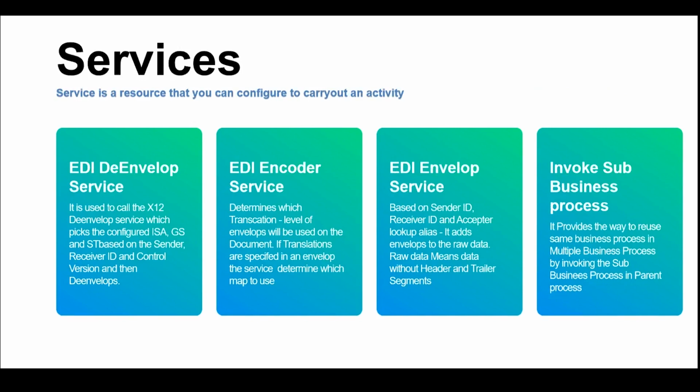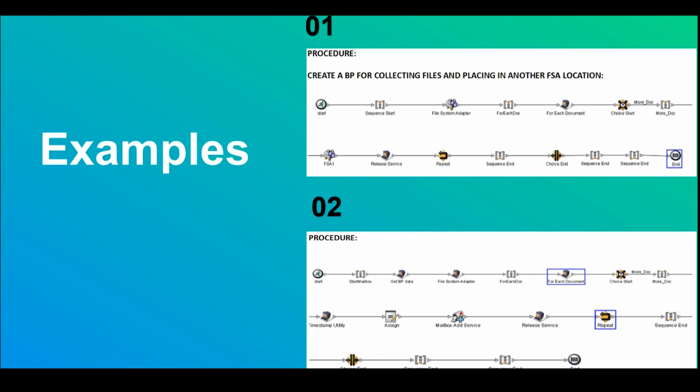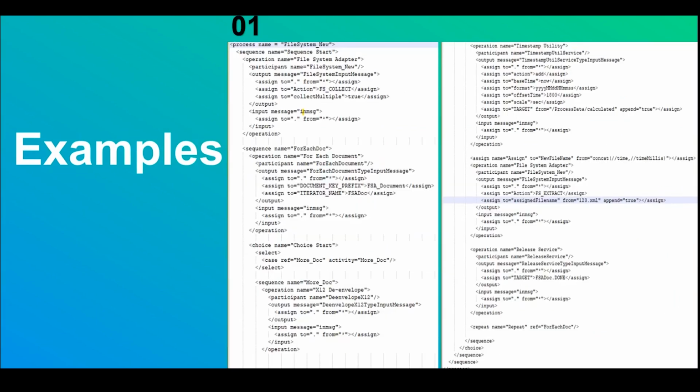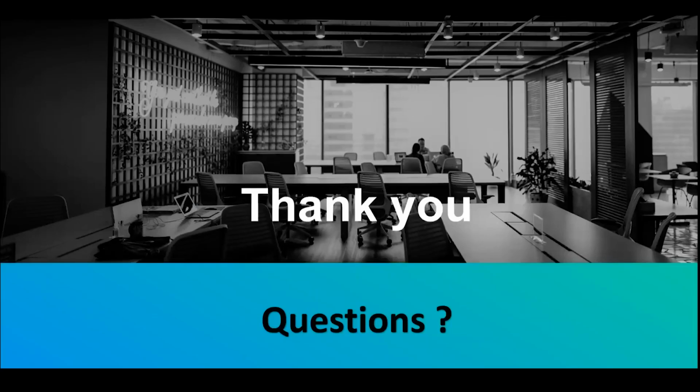These are all used inside the BP only. These are some examples that we are going to create in the future, and this is the way we deal with it within the GPM. This is how it looks. And if you want to write the code in XML, this is what it looks like. This is what we have and what we are going to achieve.